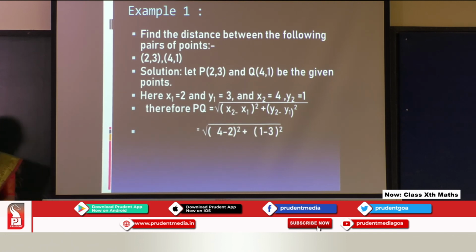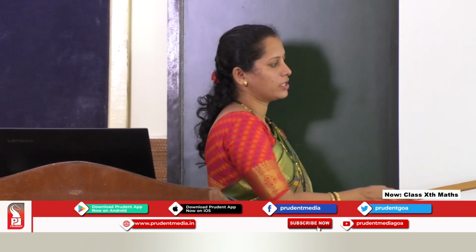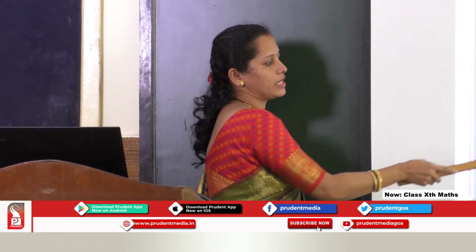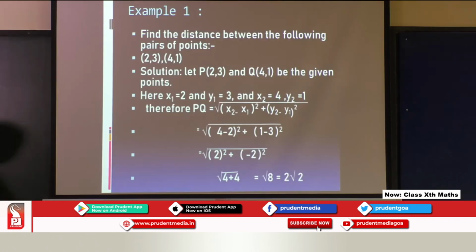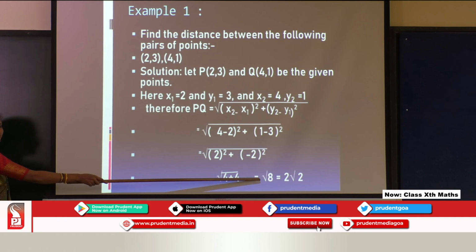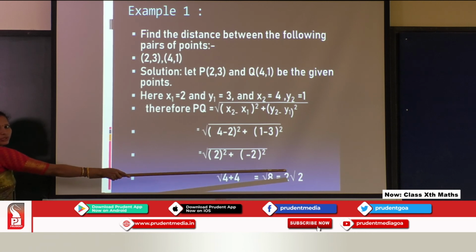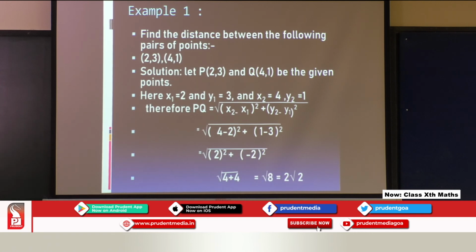So this is equal to 4 minus 2 is 2 square and 1 minus 3 is minus 2 square. So here we get 2 square is equal to 4 and minus 2 square is also equal to 4. So root of 4 plus 4 is equal to root of 8, which is equal to 2 root 2. So this is the distance between the points (2, 3) and (4, 1).